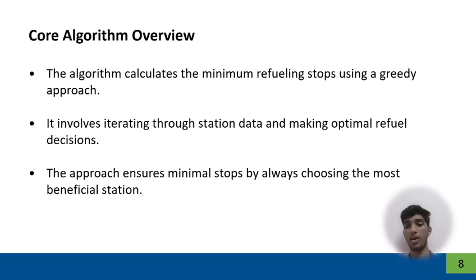The algorithm used to solve this problem is a greedy strategy. The idea is, as we move along the route, we keep track of all fuel stations we have passed. Whenever we cannot move further, we choose the station that gives us maximum fuel among the ones we have passed. This ensures that we refuel at the most beneficial station, which leads to the minimum number of stops.